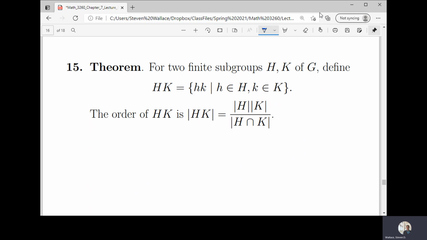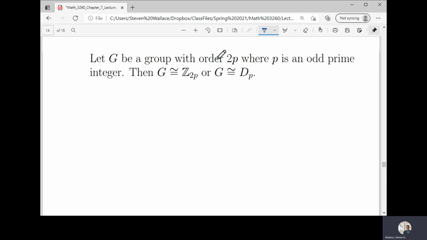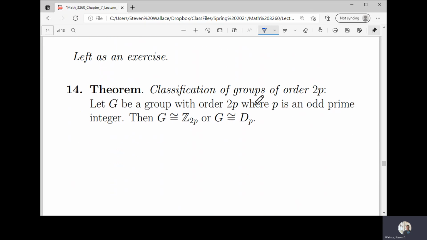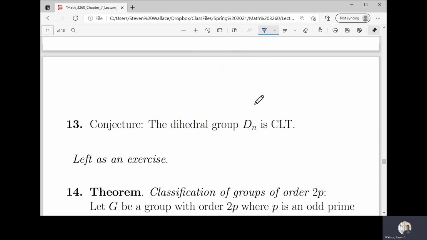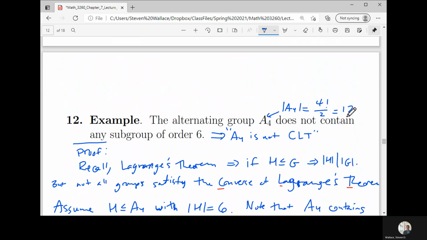Okay, so we're going to use that when we prove the following theorem: if you have a group of order 2p, where p is an odd prime, then either it's cyclic or it's a dihedral group of that order. Remember that the alternating group on 4 letters had order 12.